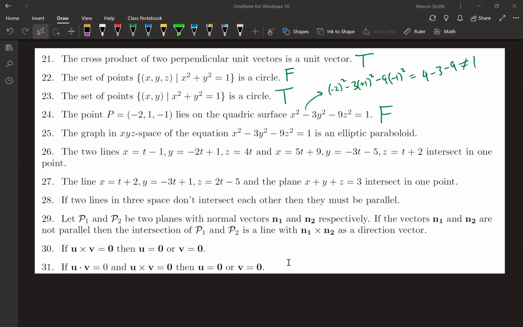Go. Next problem. The graph in the x, y, z space, the equation, this is an elliptic paraboloid.